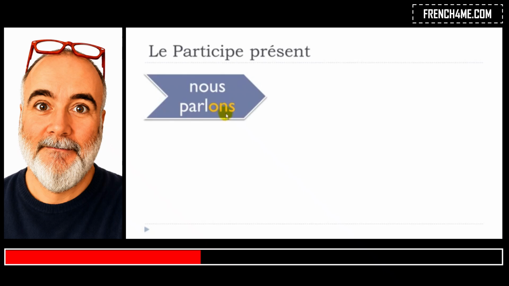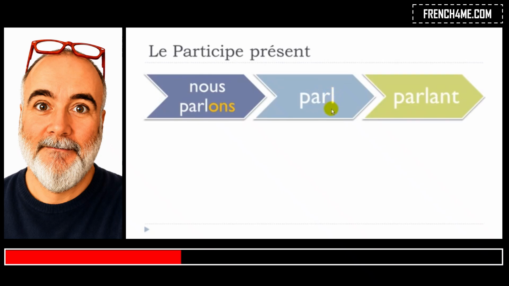If you remember, this ONS ending is usually the ending for nous, so first you need to spot it, then you take it away, so we keep this P-A-R-L part, and at the end we will add A-N-T. So we get here this participe présent form.